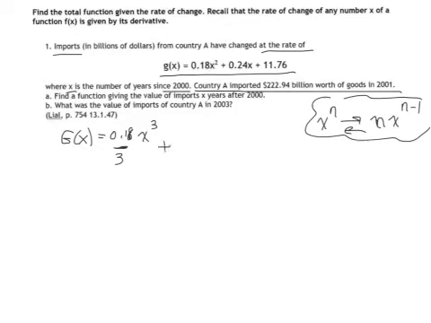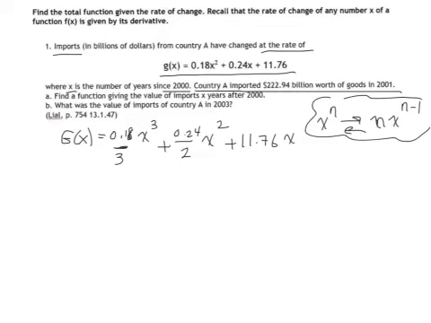Then we have 0.24x, so in the original function it was an x squared, and instead of multiplying by 2 as we did to find the derivative, we're going to divide by 2, reversing that. And plus 11.76, there used to be an x, and so we're putting it back there.